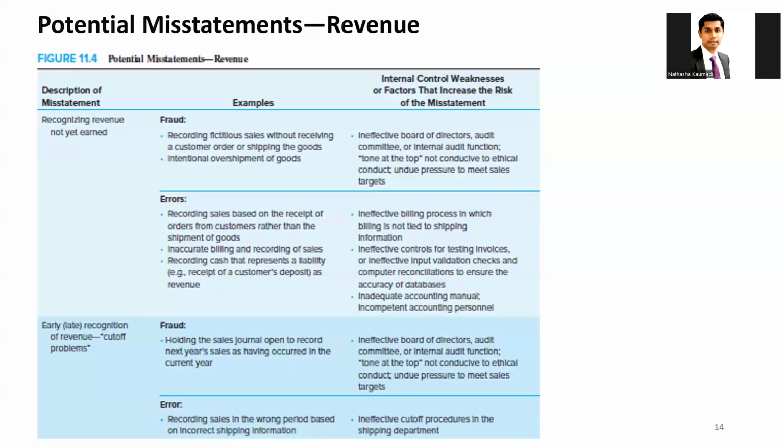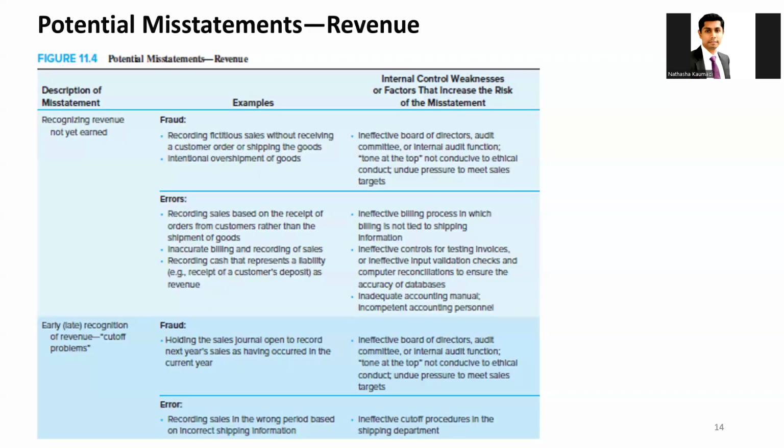And inaccurate billing and recording of sales. Mistakenly, you have entered a wrong number into the system. Recording cash that represents a liability, that means receipt of a customer's deposit as revenue. Sometimes a customer has paid an advance. Advance is not revenue.